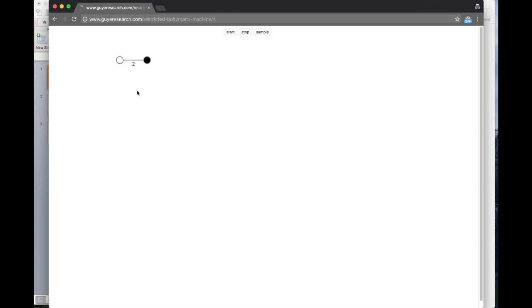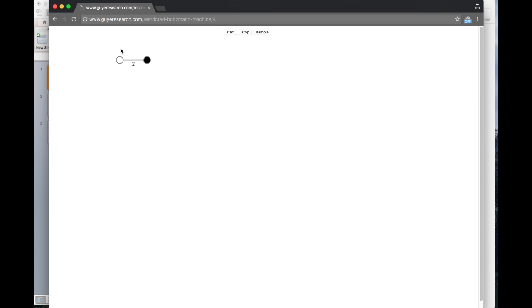In this example, I have set the weights with the bias neurons to be off for both neurons, so I will not show the bias neuron here. But now I connect the 2 neurons with a weight and set it to be 2. By the way, this is not a restricted Boltzmann machine.